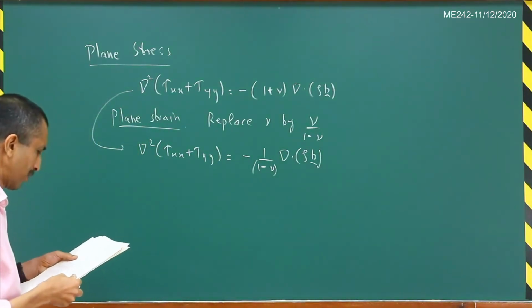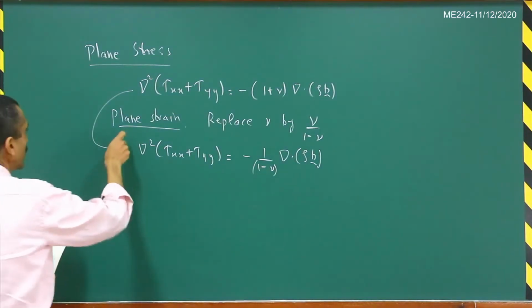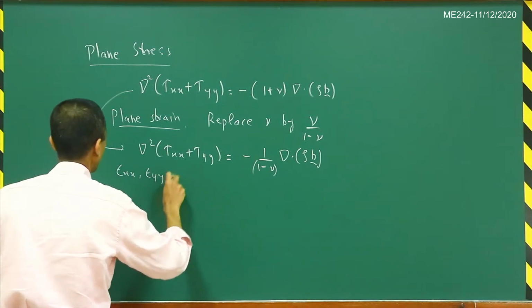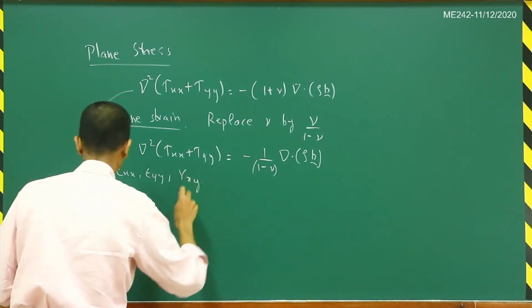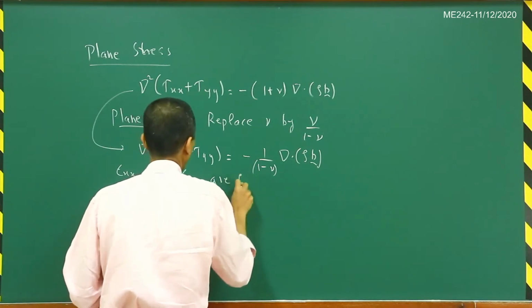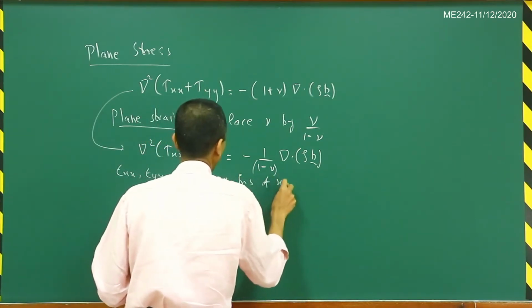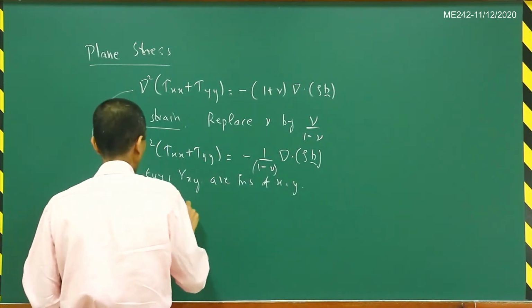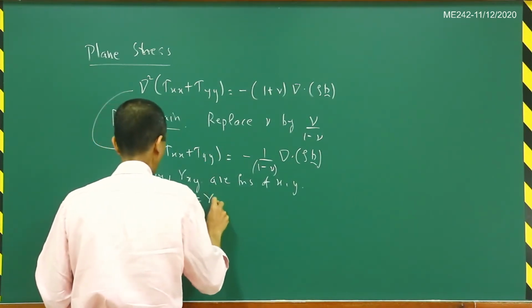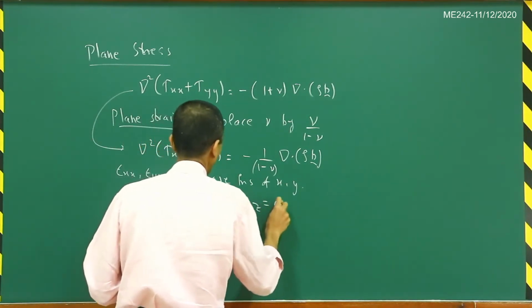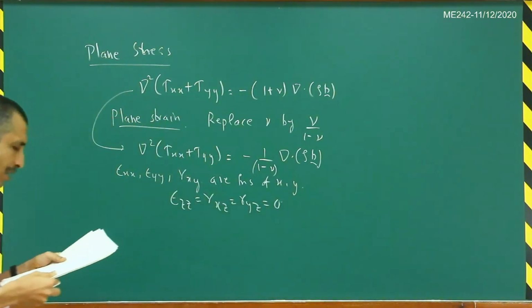Now for the plane strain case, epsilon xx, epsilon yy, gamma xy are functions of x and y, and epsilon zz is equal to gamma xz is equal to gamma yz is equal to 0 in this case.